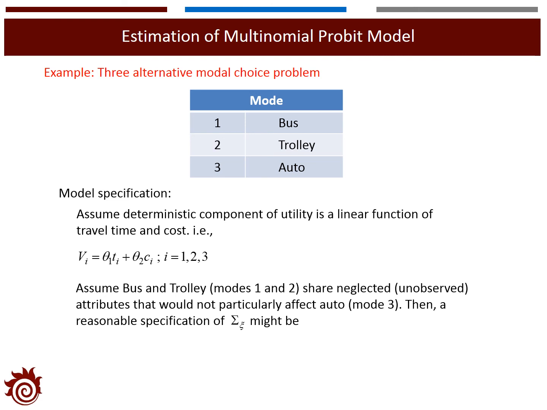Then with these assumptions, we can make a reasonable specification for the covariance. That would be sigma psi is 1 gamma 0, gamma 1 0, 0 0 1. So the covariance between bus and trolley is gamma, but auto is totally independent to bus and trolley.